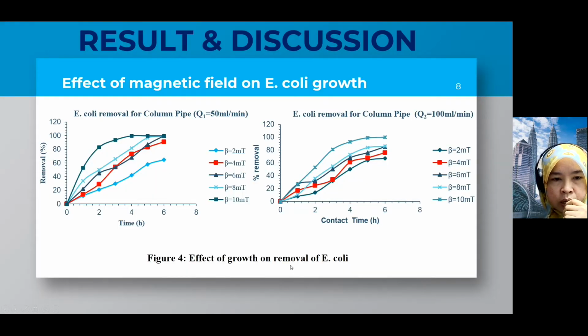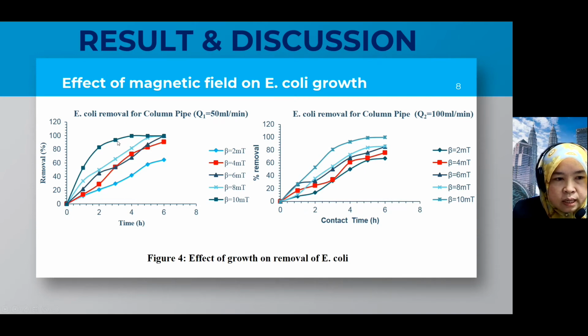As we can see, this is the figure showing the result for the effect on removal of E. coli. Figure 1 describes the E. coli removal for the column pipe using the flow rate of 15 ml per minute.